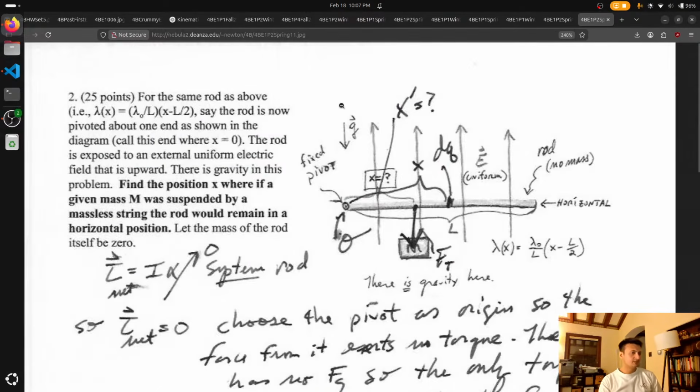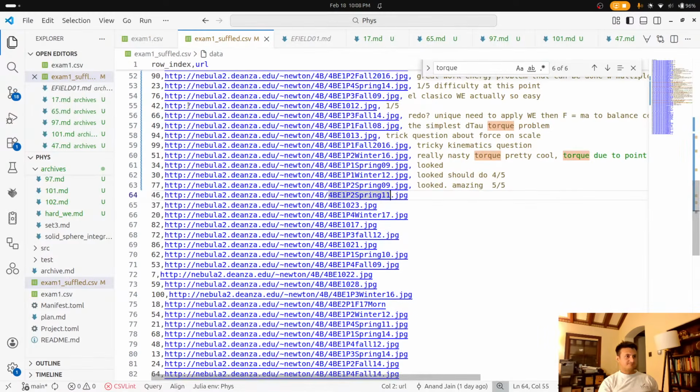Torque again. Uniform torque. Oh, non-uniform lambda torque. Bro, that's a good problem. Damn, that's a good one.